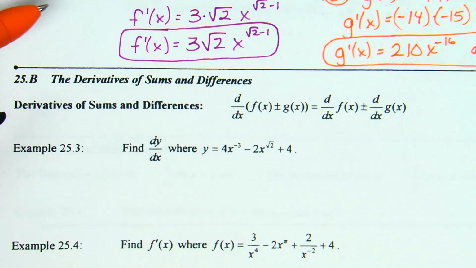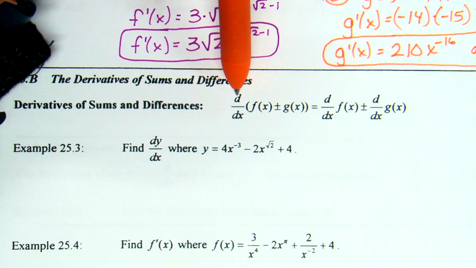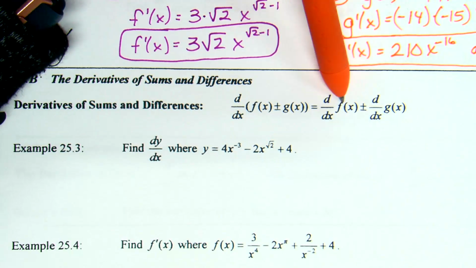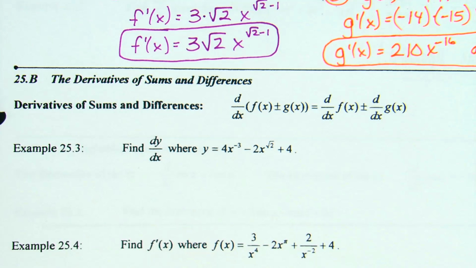Basically, this fancy notation is saying the derivative with respect to x of f of x, either adding or subtracting g of x, says that you're going to do the derivative of f of x, and add or subtract the derivative of g of x. So basically, if you have individual terms, you take the derivative of each individual term that's added or subtracted. Okay, nothing fancy here.